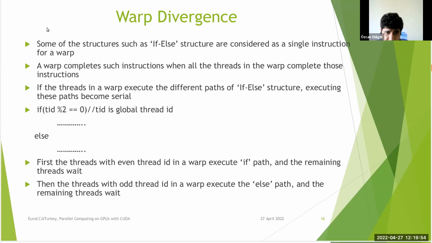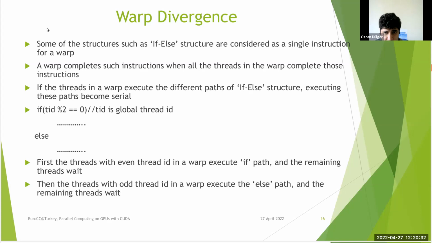Some structures, such as the if-else structure, are considered a single instruction for a warp. That means a warp completes such an instruction when all the threads in the warp complete it, like in the global load operation, where all of the threads must complete in order for the warp to complete the instruction.